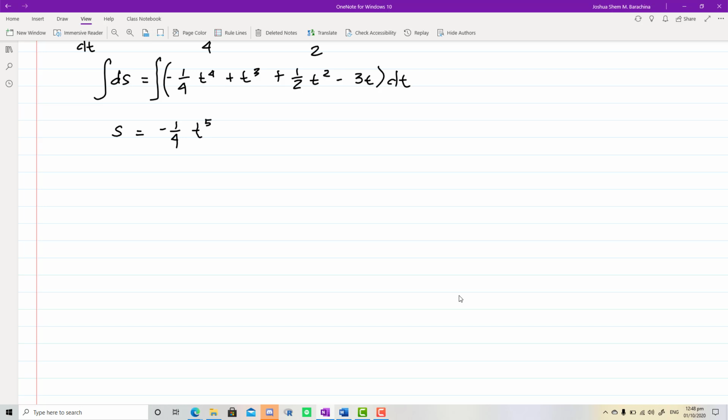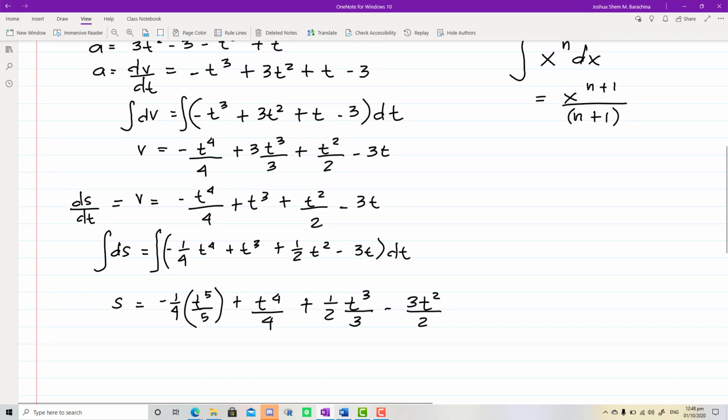Integrating t raised to 5 divided by 5 plus t raised to 4 divided by 4 plus 1/2 t raised to 3 divided by 3 minus 3t squared divided by 2 plus the constant of integration. Lagay nga natin yung constant of integration para hindi naman confusing.